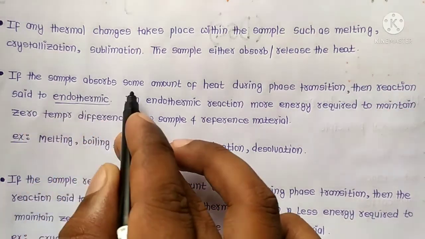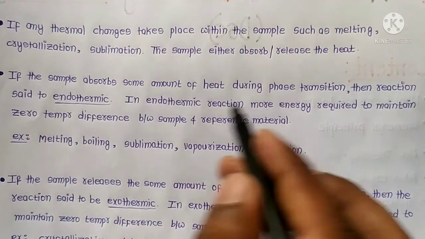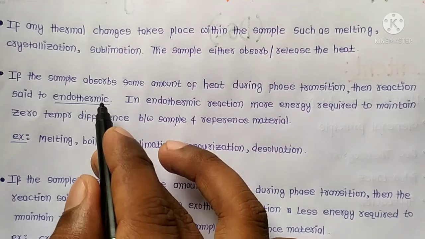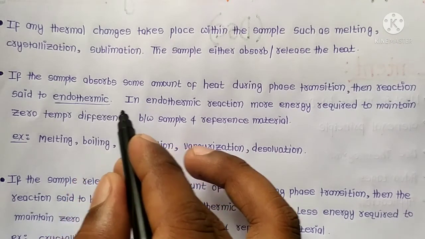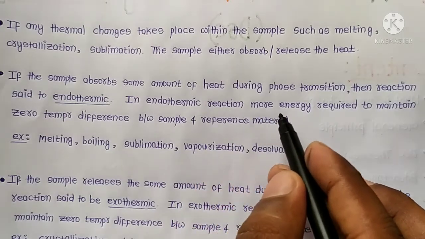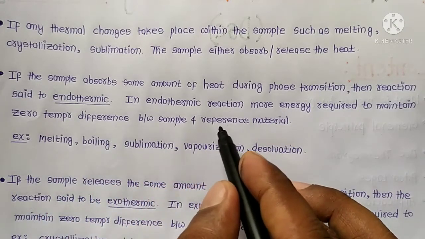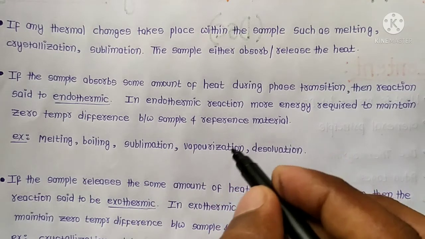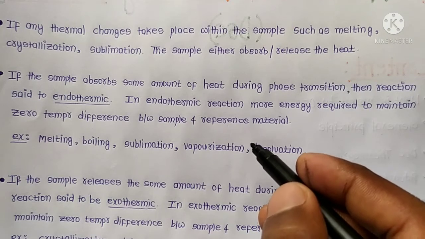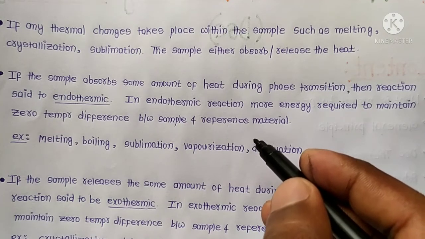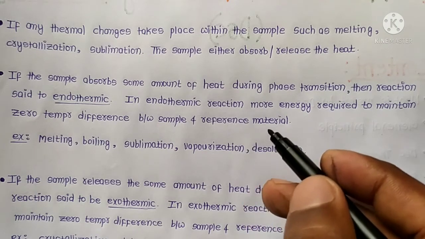If the sample absorbs heat during phase transition, the reaction is said to be endothermic. Endothermic means absorption of heat takes place. So in an endothermic reaction, more energy is required to maintain the zero temperature difference between the sample and reference material.